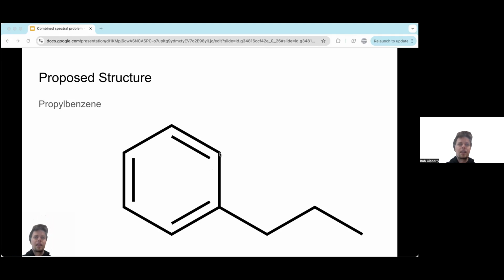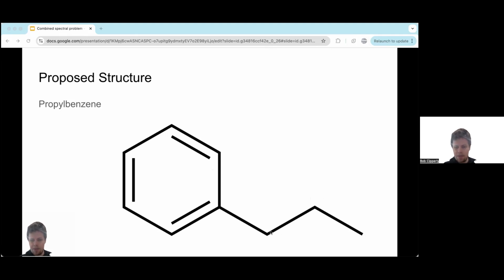And then with our HNMR spectrum, you can see that the first integration with three hydrogens was a triplet, and it had two neighboring hydrogens on the next carbon. The middle one here was a sextet, and it had five neighboring hydrogens, two here and three there.